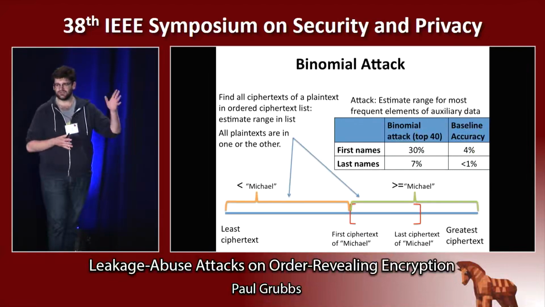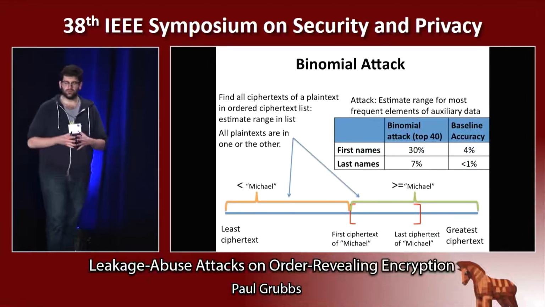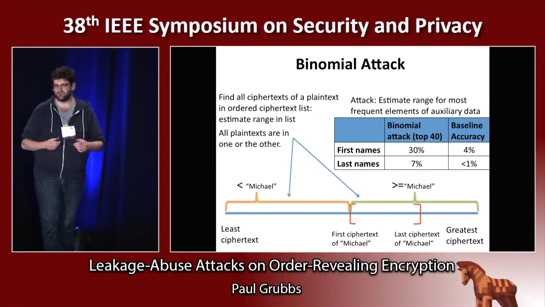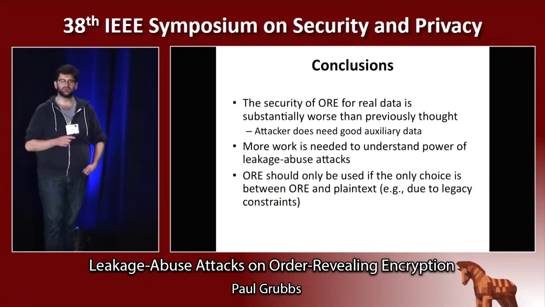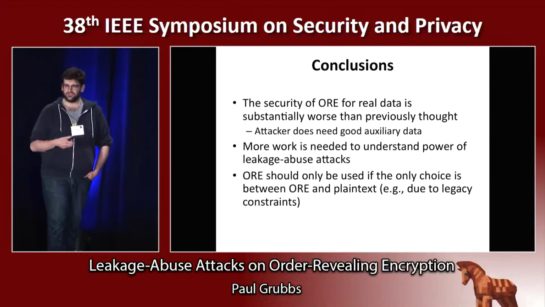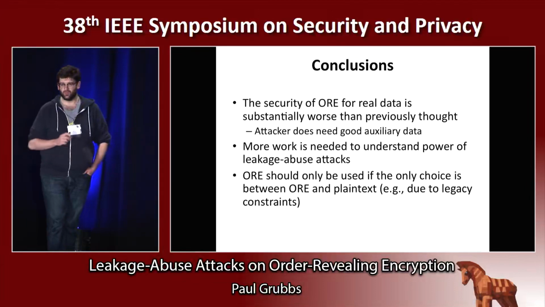And here, when I say baseline accuracy, I basically mean just guessing the most frequent element of the distribution. So just leaking the order makes this basic attack about 7 times more effective, which is kind of a lot. So in conclusion, the security of ORE for real data that people actually want to protect in practice is substantially worse than I think anybody feared.